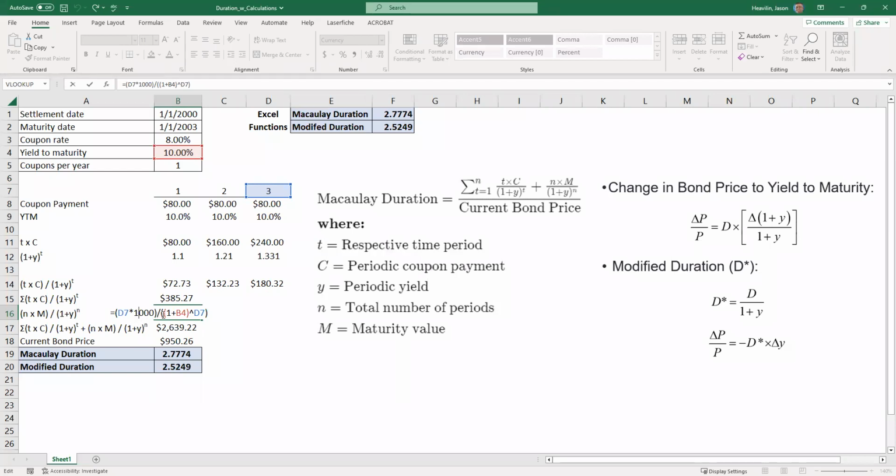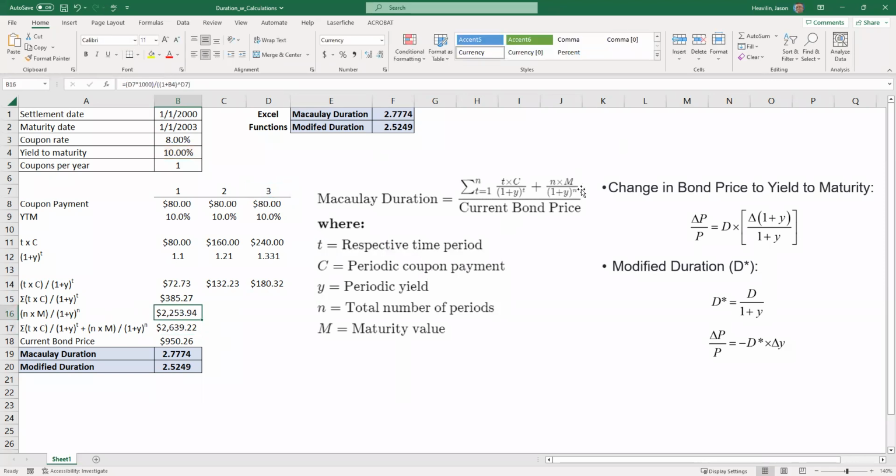Then we divide it using the discount rate approach. 1 plus the yield to maturity, that's the Y there, elevated to the 3 periods. So we're discounting the whole thing because we're using the maturity value, which is the end of 3 years, and then discounting all the way to present value.